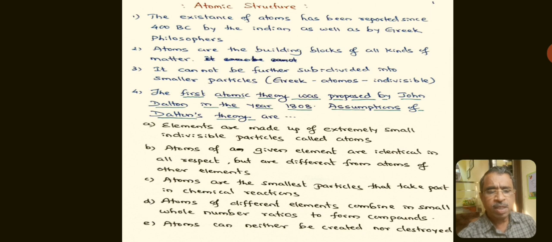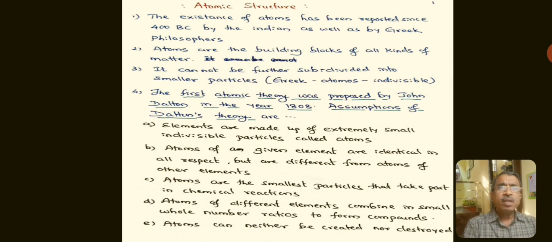This is further supported by the fact that the word atom has been derived from the Greek word atomio, which means uncuttable or non-divisible. However, later studies established the presence of small particles in an atom, which are known as subatomic particles.